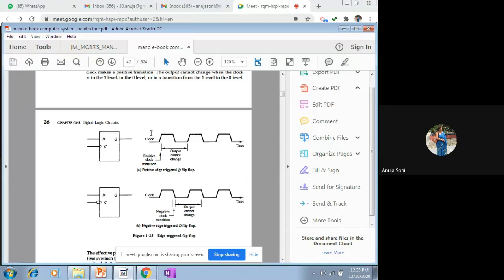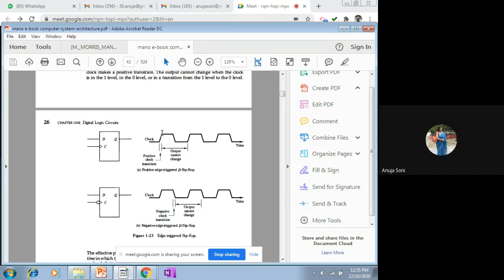Whenever current is not there, it will represent as the low state or the low transition, negative transition. This will be called as a negative transition. This will be called as the positive transition. It will represent the value as 1 or high state. It will represent the value as 0 or low state. And this is called as your rising edge. This is called as a falling edge.